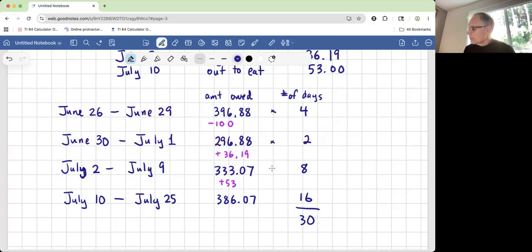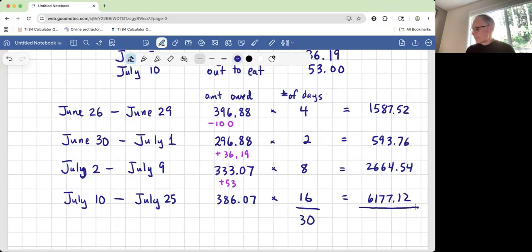So this is going to be 396.88 4 times plus 296.88 2 times plus 333.07 8 times plus 386.07 16 times. So then I'd only have to add 4 numbers up instead of adding 30 numbers. So multiply these 4 multiplications, add them down, and then you got all 30 of those numbers added together, and I get this.